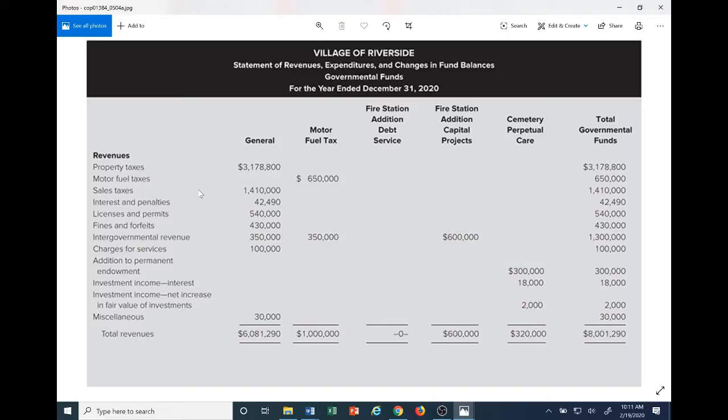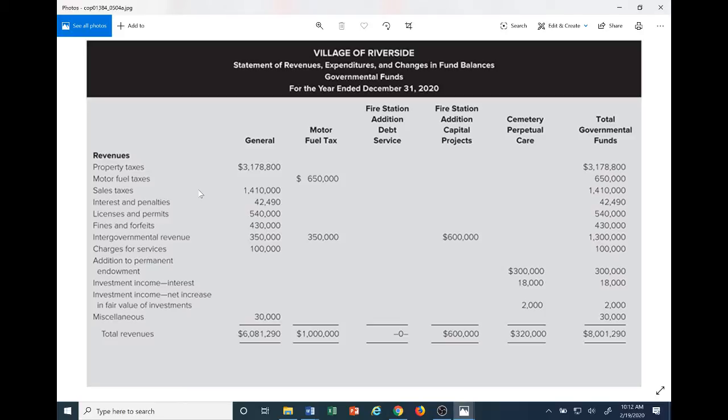You can see the funds listed are identical to what was on the balance sheet, obviously, because this is the comparative statement. So we have the same funds here. General fund is always major.